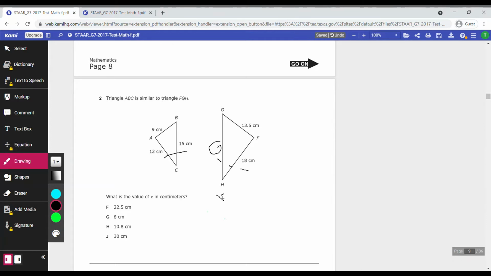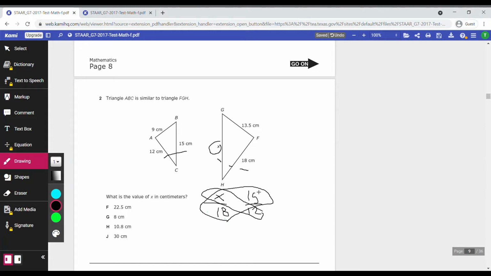So we can say x over 18 is proportionate to 15 over 12. What we do next is cross multiply.